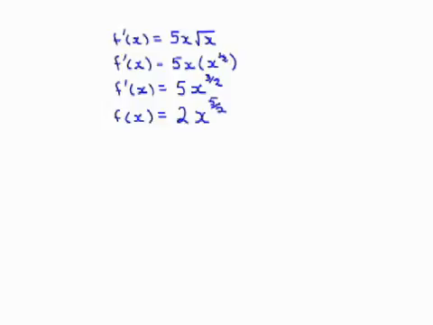So f of x is going to equal 2 times x to the 5 divided by 2 plus c. Now you'll notice I didn't write down that c is an element of any real number, because it isn't.